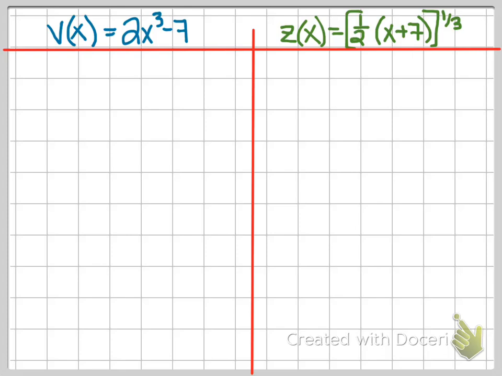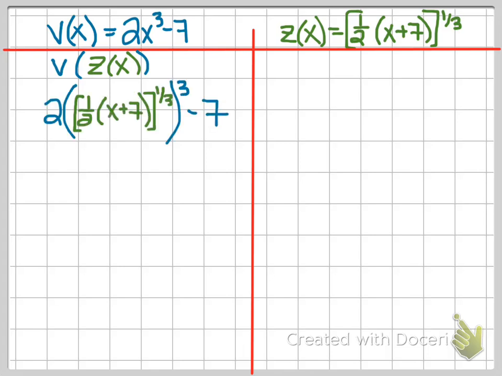So let's test it out. Our first one is we're going to take z of x and we're going to compose it within our function v of x. I'm going to take 1/2 times the quantity x plus 7, all raised to the 1/3 power. I'm going to cube that, then double it, then take away 7.